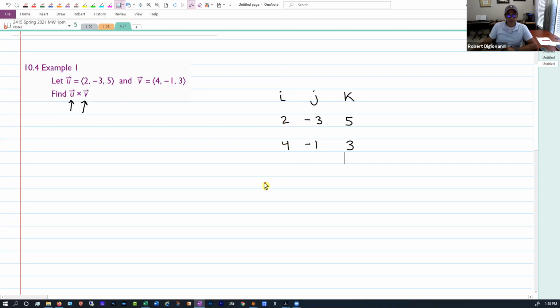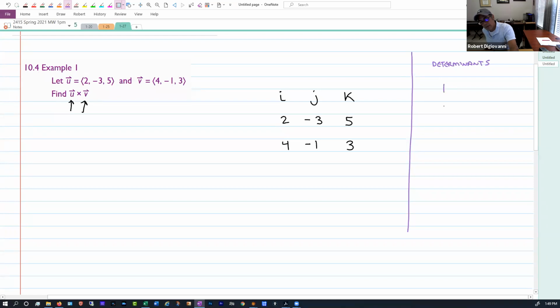Now, I should take a little side step here. Did anyone do determinants in algebra? A determinant of a matrix. If you didn't, don't worry about it. I'm just going to tell you what a determinant is.